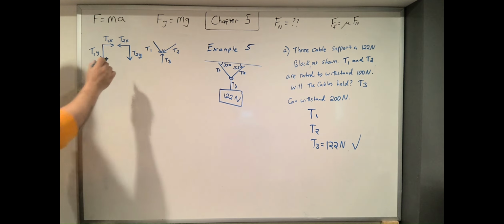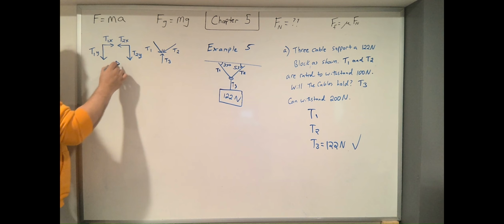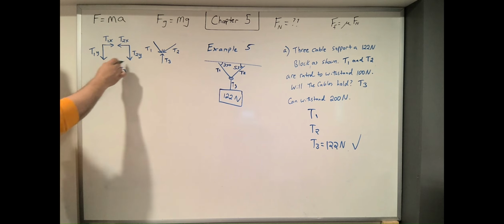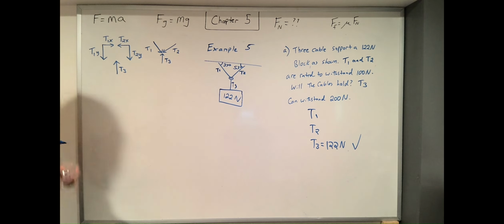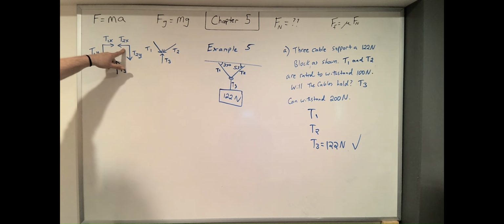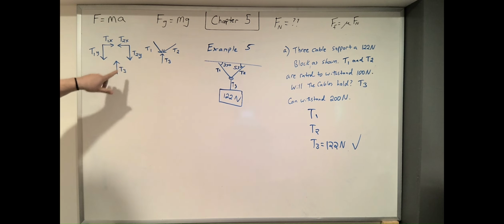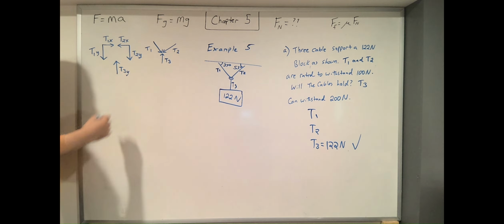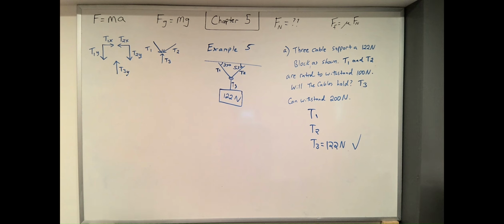And then I will have T3 coming up. So this got a little bit big here, but this is what is happening. Each of these are pulling in an x direction. They each have a y component, and we have a T3, which is 100% in the y. There is no x component on that, all coming up.